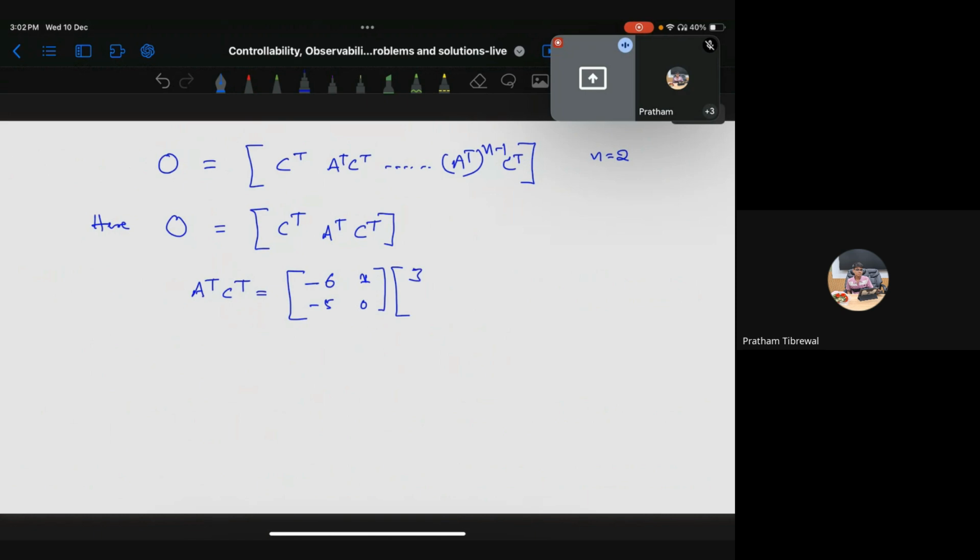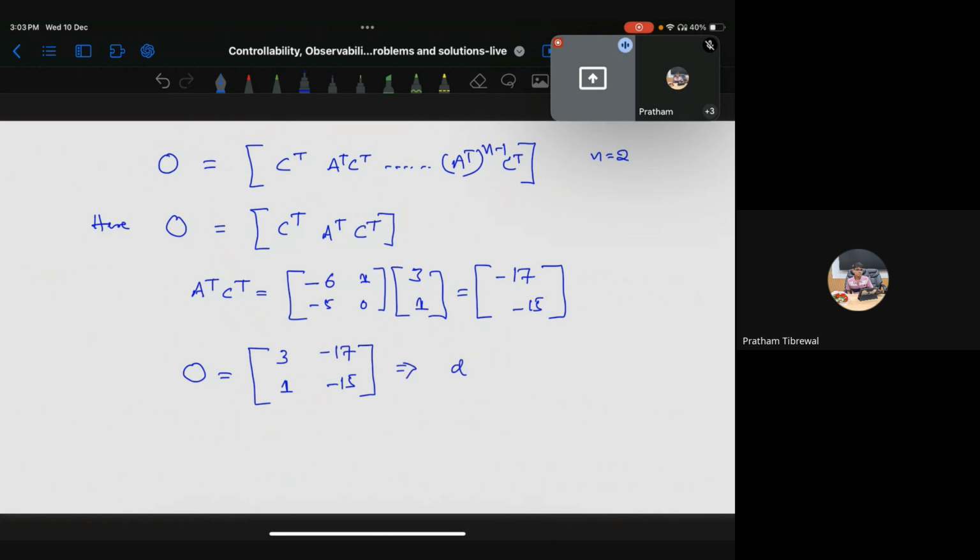Multiplying gives minus 18 plus 1, which is minus 17, and here minus 15. So the O matrix is [3 -17; 1 -15].